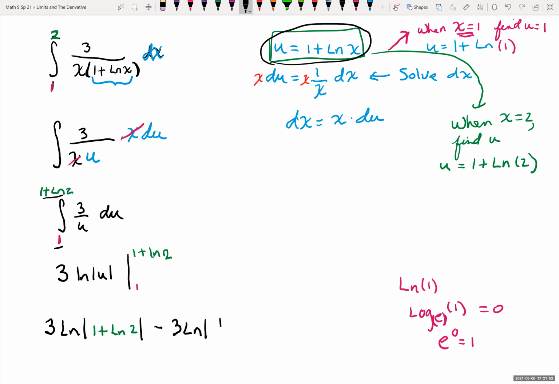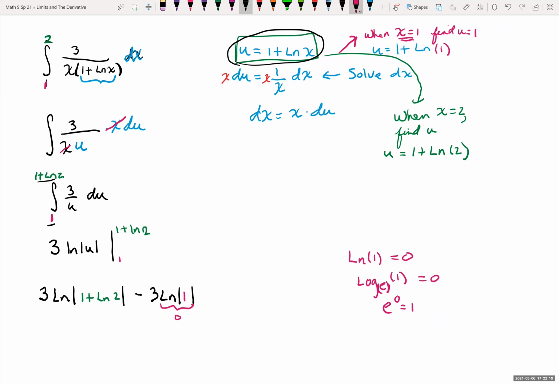Again, the natural log of 1 is equal to 0. So this is 0 times 3, so this whole thing is going to be 0. If they wanted us to just keep the exact answer, we can leave it as 3 natural log of 1 plus the natural log of 2. We really don't need those absolute values there because 1 plus the natural log of 2 is a positive number.